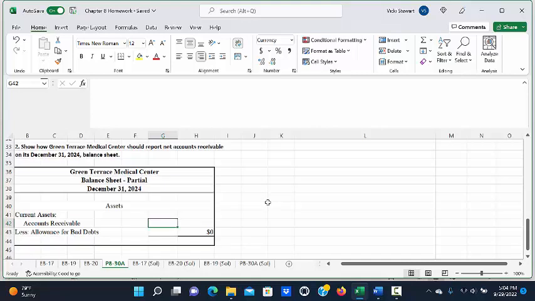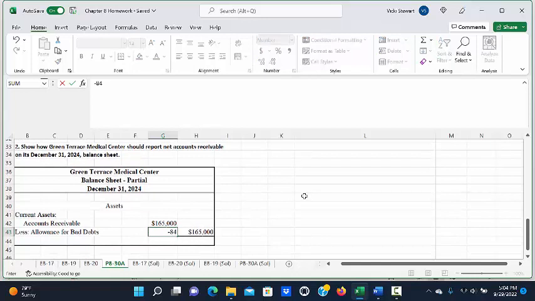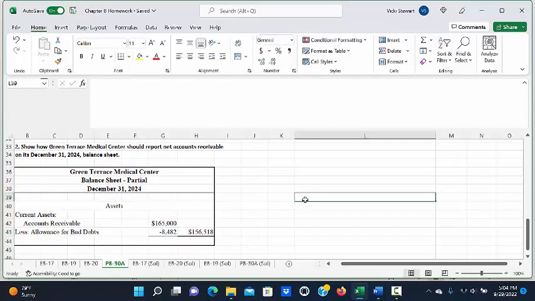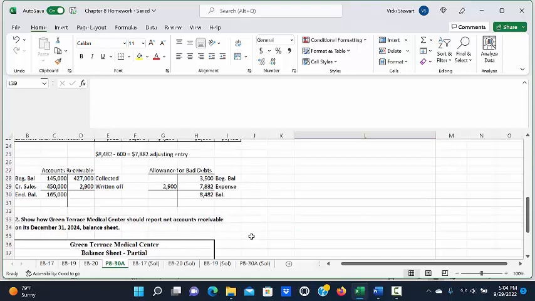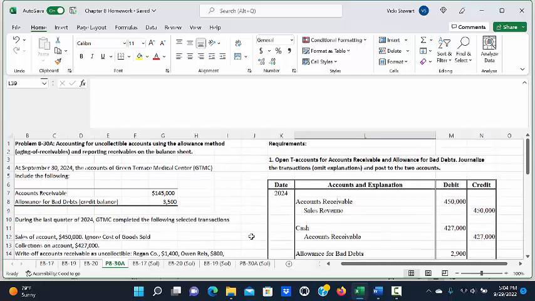So we take our balance in accounts receivables, $165,000, and we subtract from that the balance that's in the allowance for doubtful accounts of $8,482, and that gives us the net amount for accounts receivables of $156,518, and that is the conclusion of the demonstration for problem 830A.